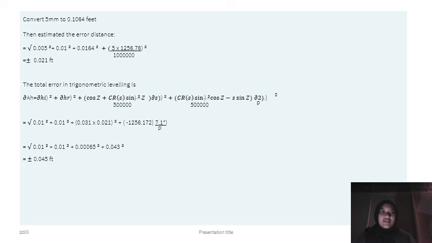Okay, the total error in the trigonometric leveling is equal to the square root of 0.01 squared plus 0.01 squared plus 0.031 multiplied by 0.021 squared plus minus 1256.172 multiplied by 7.1 seconds per rho, and we get the answer plus minus 0.045 feet.